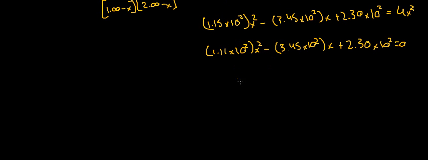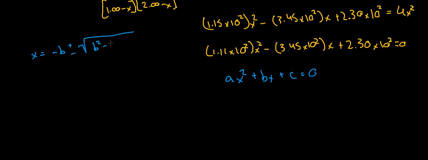This is an equation in the form of ax squared plus bx plus c is equal to 0. So I can use the quadratic formula on it. X is equal to minus b plus or minus square root b squared minus 4ac over 2a.